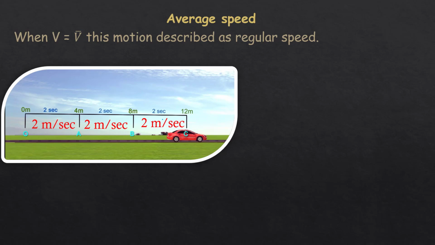And also if we calculate the average speed, in this case it will also be 2 meters per second, because the total distance here is 12 meters over the total time of 2 plus 2 plus 2, which is 6 seconds. So 12 over 6 equals 2 meters per second. So when the speed equals the average speed, the motion is described as regular speed.